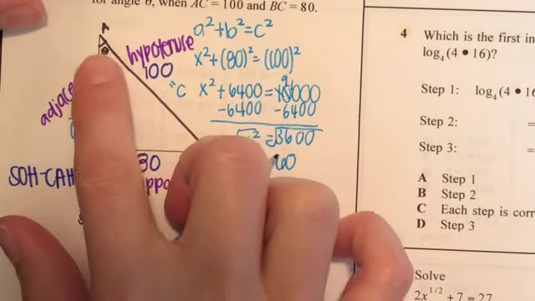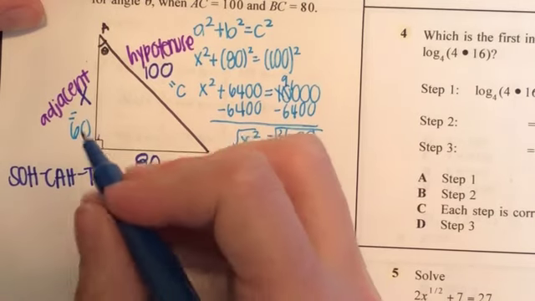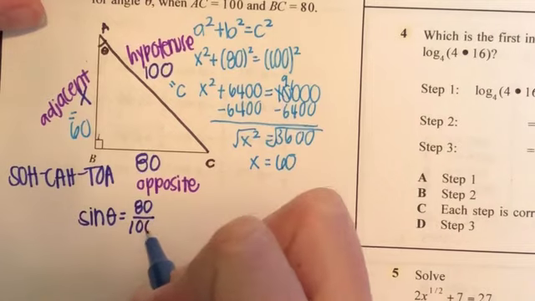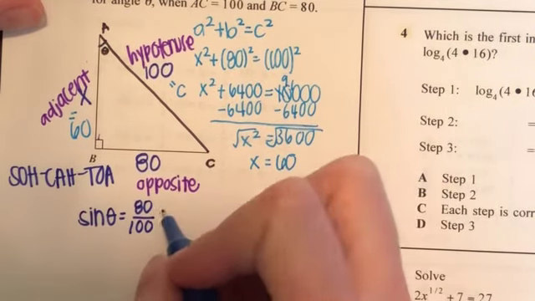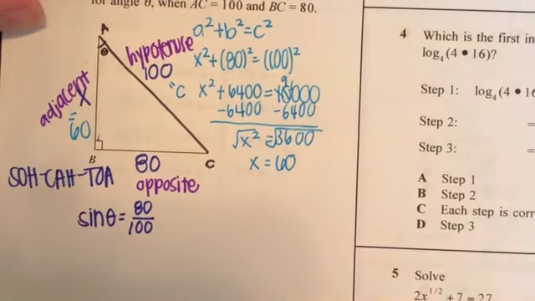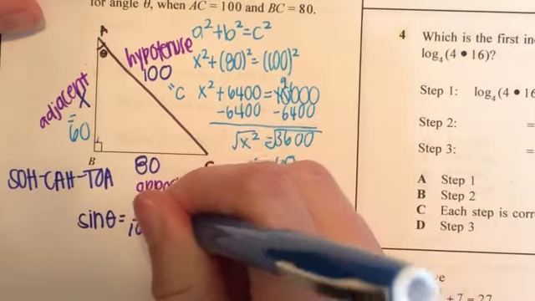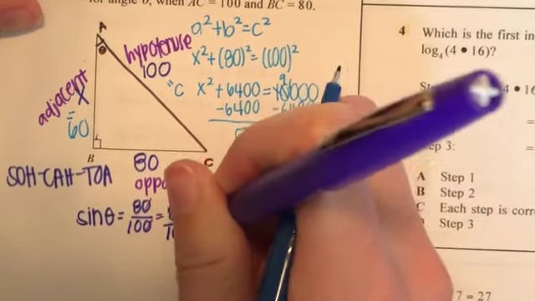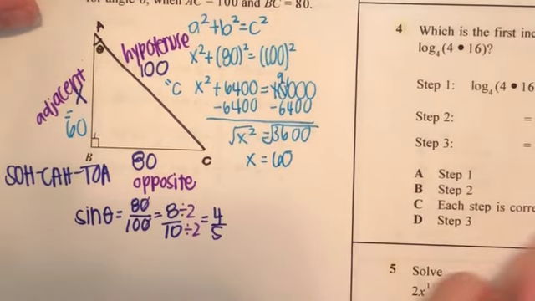So here's theta over here, opposite goes on the numerator, and then hypotenuse, which is here, goes on the denominator. So it's 80 over 100 for sine, but we do want to simplify. If we divide out 10 top and bottom, 10 cancels, 10 cancels. We get 8 over 10. Continuing to simplify, divide 2 top and bottom, we get 4/5. So sine is 4 over 5.